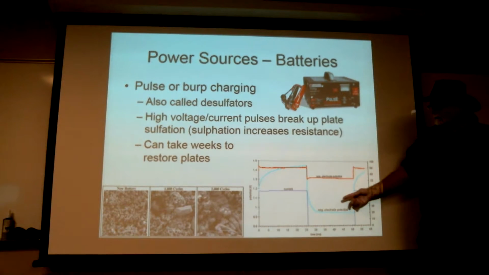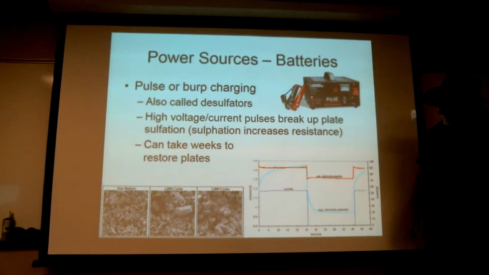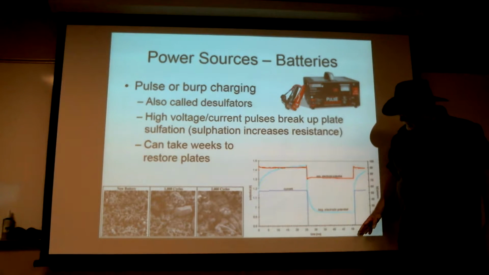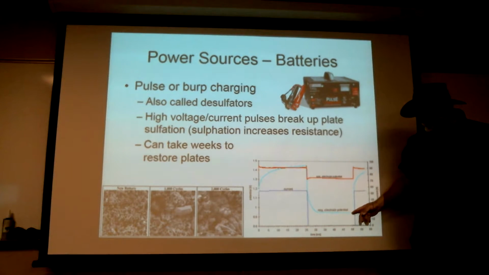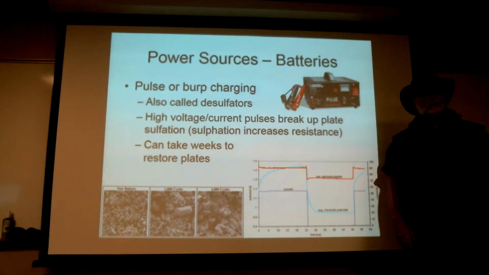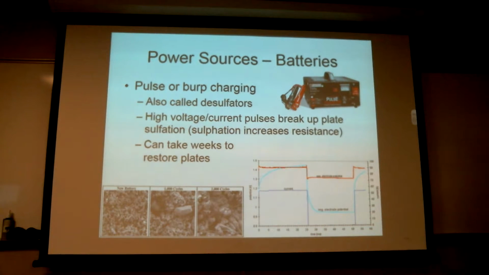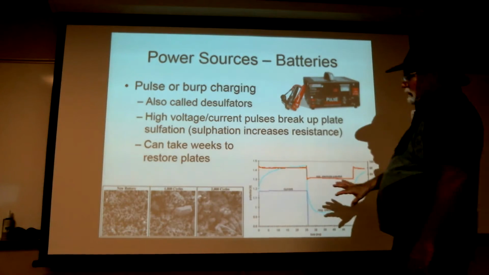Now, of course, the voltage will be way up, and this is a per cell voltage, it looks like. And then this is what the battery is trying to produce on its own. That's what the charger is trying to do. But the key is we're flash pulsing it with a high amount of current, very, very briefly. And what that does is it helps to break up the macronucleation.